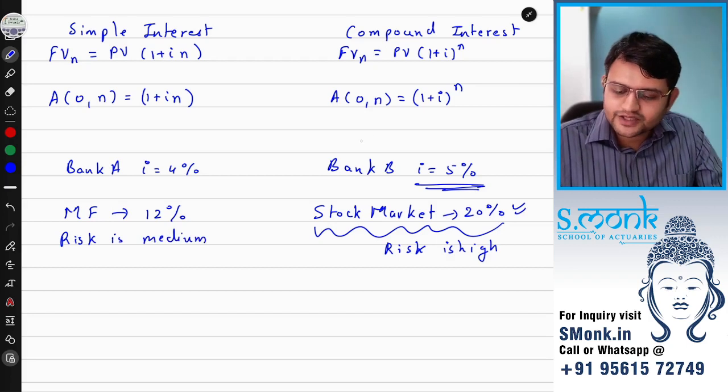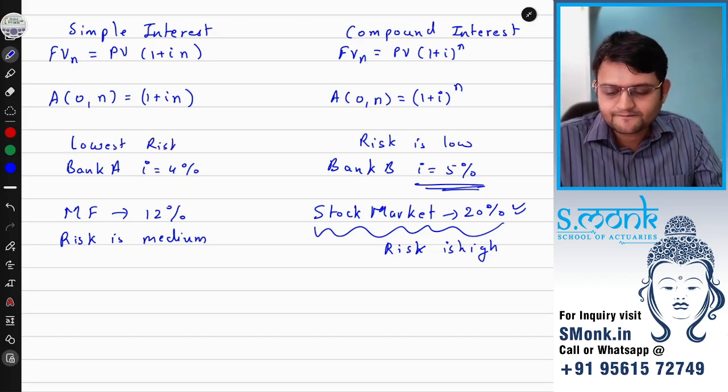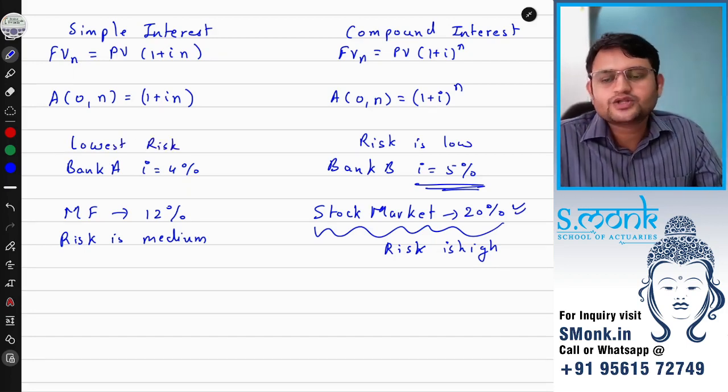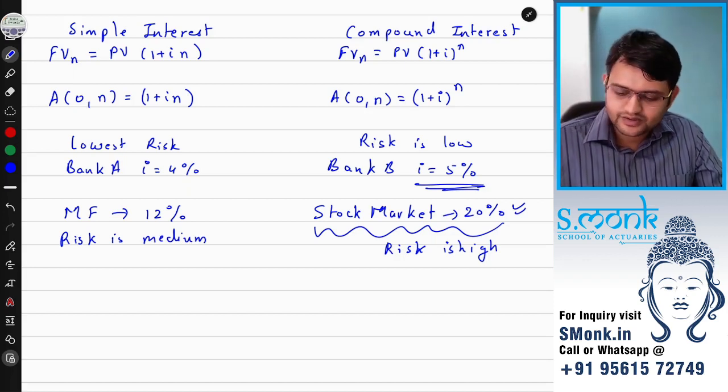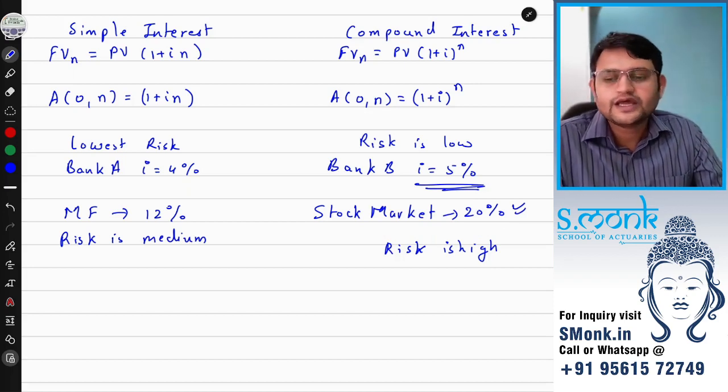And here you will say risk is low. But in a way, here you will have the lowest risk. So depending on your aptitude of risk, you will choose an investment.